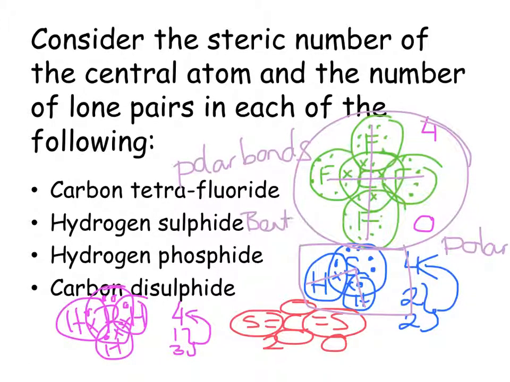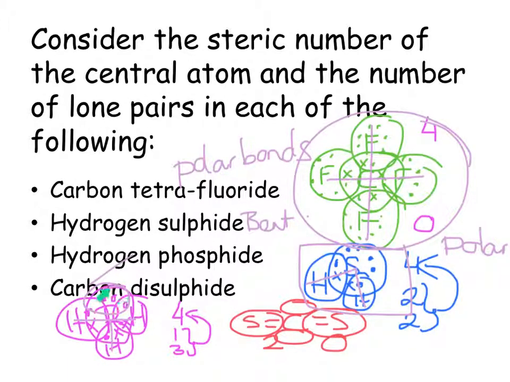If I take a look at the hydrogen phosphide, it's going to look like ammonia. It is going to be a polar molecule as well. Well, it's not actually, because if you look at the electronegativity difference, it's 2.1 and 2.19 or something. So phosphorus and hydrogen have almost the same electronegativity, and therefore these bonds are nonpolar bonds.